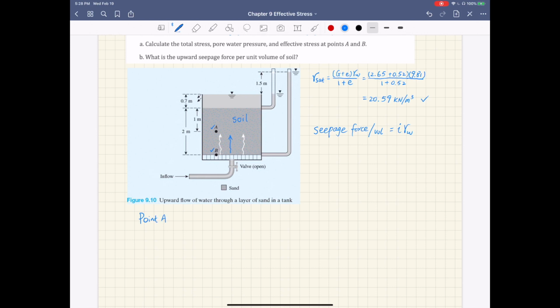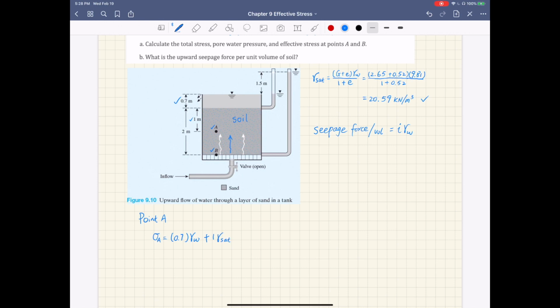Let's look at point A first. For point A, total stress sigma is again the total weight above point A per unit area. So this includes the weight of the water. This is 0.7 meter of water, so 0.7 times unit weight of water, plus, A is 1 meter below the top of the soil layer, so 1 times gamma saturated.